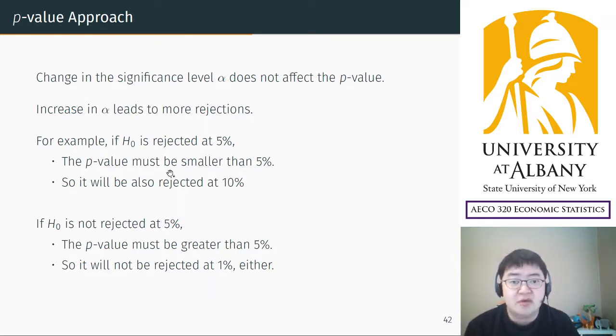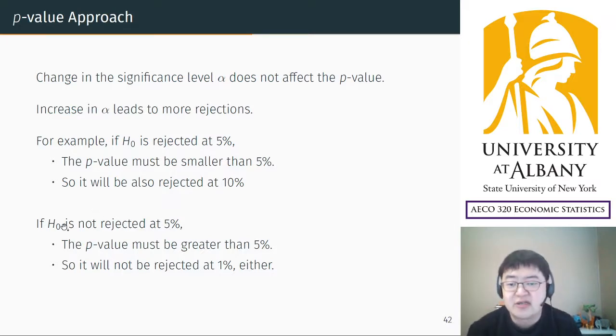That means even if you increase the significance level from 5% to 10%, it will be smaller than 10%, right? So it shows the relationship between the significance level and the frequency of rejections. If you reject at alpha, then all the higher significance levels will reject the null hypothesis too.